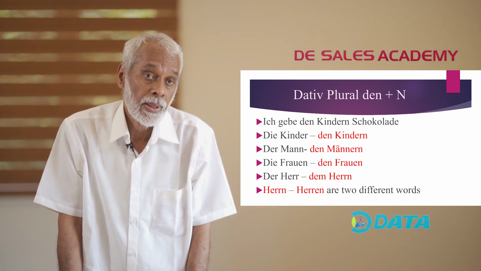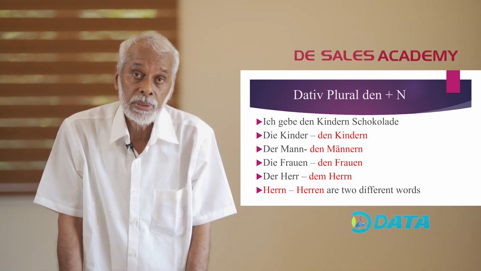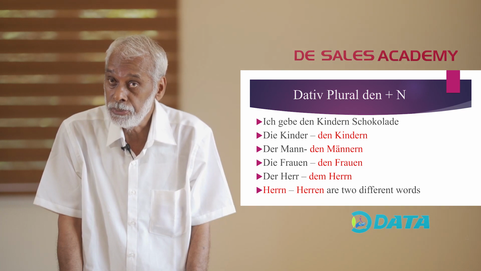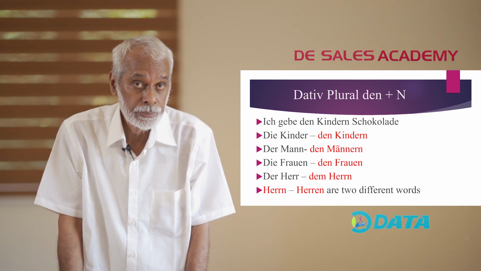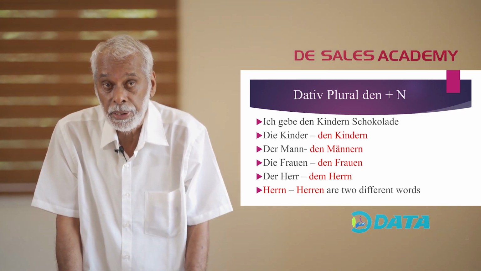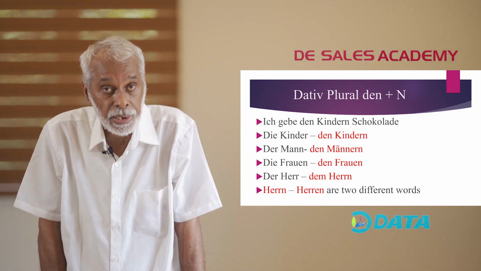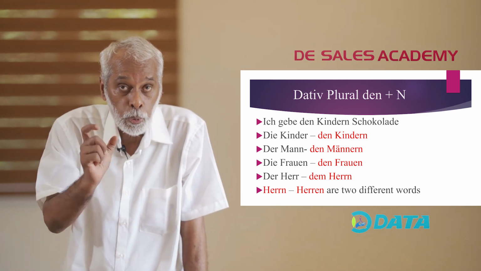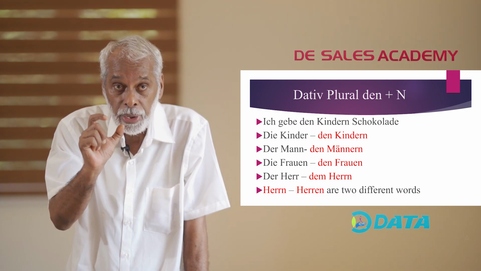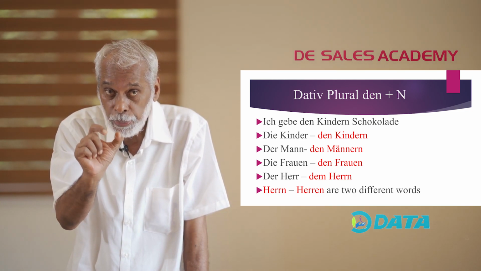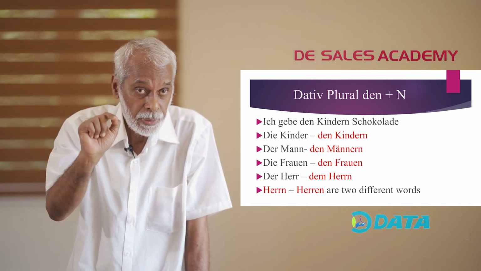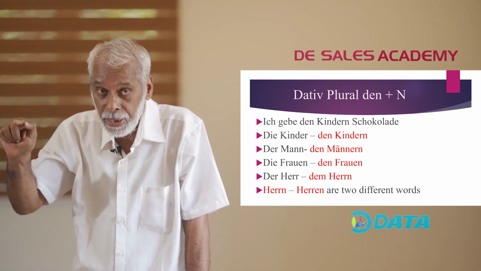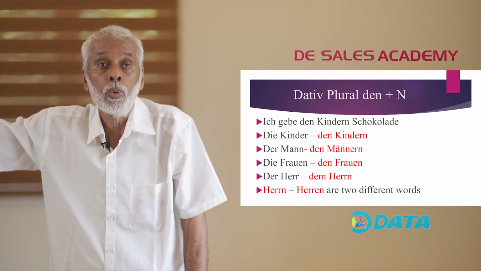Look at the sentence. Ich gebe den Kindern Schokolade. It is die Kinder, a plural form of das Kind. The dative plural of any noun is built with den and one more n at the end of the noun.